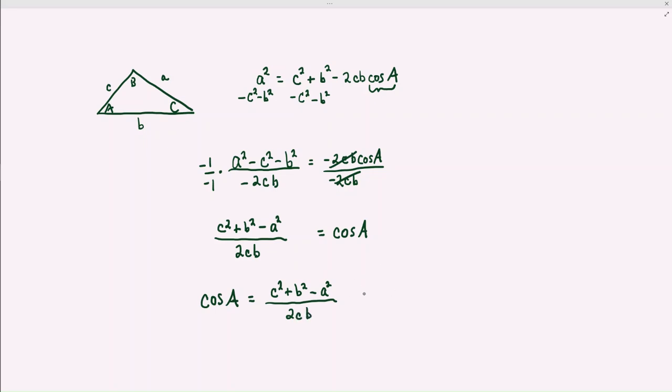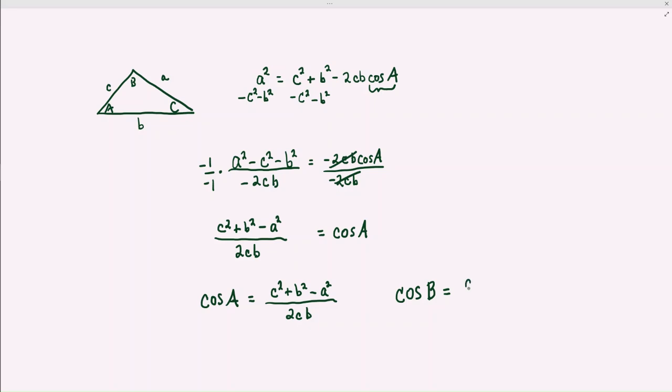Okay, so we can think of this generically. Let's say now I don't want to go through all that trouble again, but I want to know how to write cosine B. Well, it's just equal to the sum of the other two lengths after they're squared, minus the square of the length associated with this time angle capital B, and then down here it's twice the product of the other two.